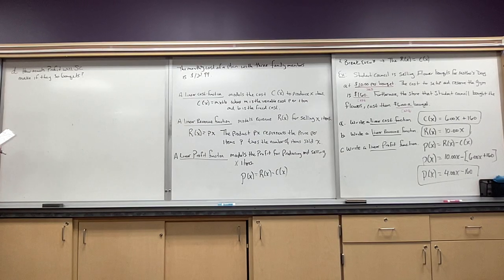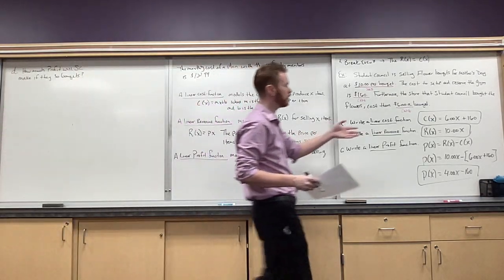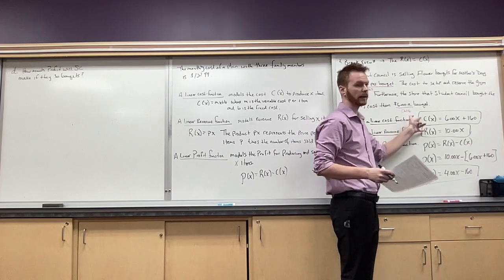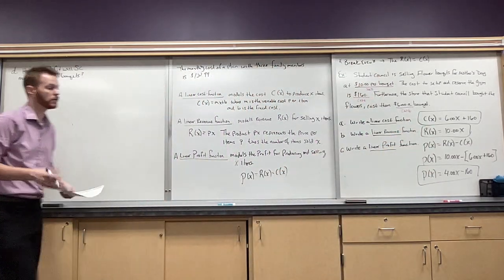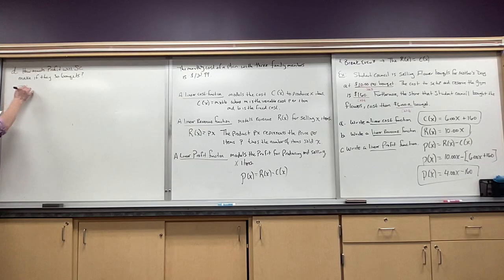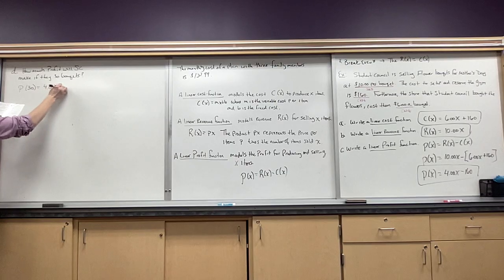Well, we already have our profit, right? And this is the best part, I don't have to plug it into all of these equations to figure it out, then subtract. This profit equation does all of that in one step. So we already did the work for it, let's use it. So P of 30 equals 4 times the 30 minus the 160.